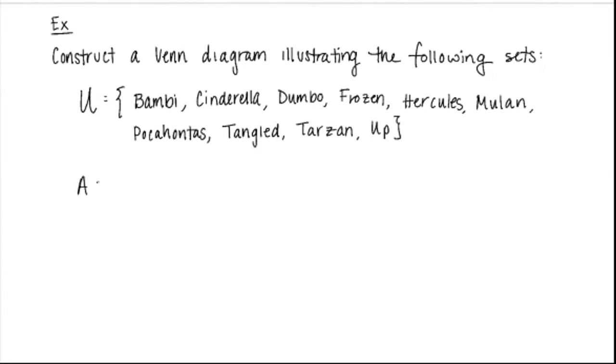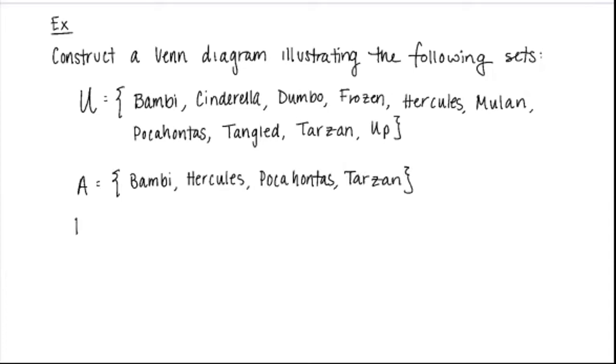And now we've got 3 subsets of this. So set A contains the movies Bambi, Hercules, Pocahontas, and Tarzan. Set B contains the movies Bambi, Hercules, Mulan, and Tangled.